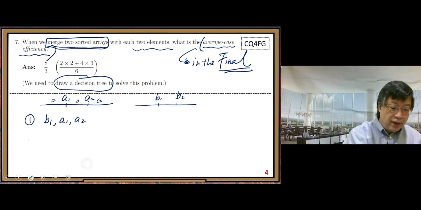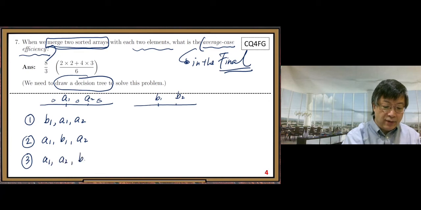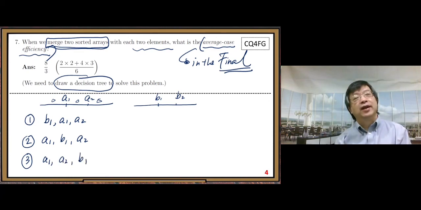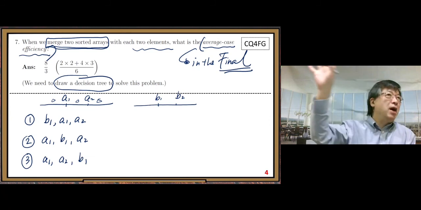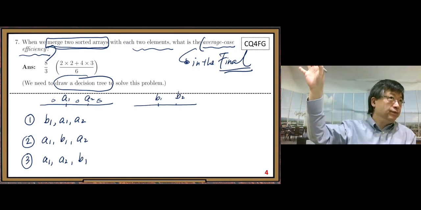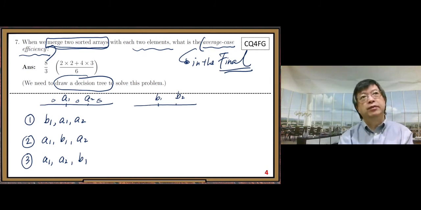The second case, A1, B1, A2. Third case, A1, A2, B1. In this step, we do not worry about B2. The reason is we want to make it as simple as possible.